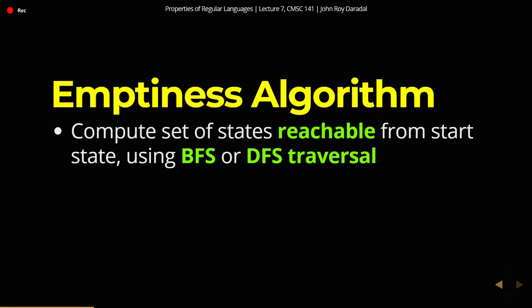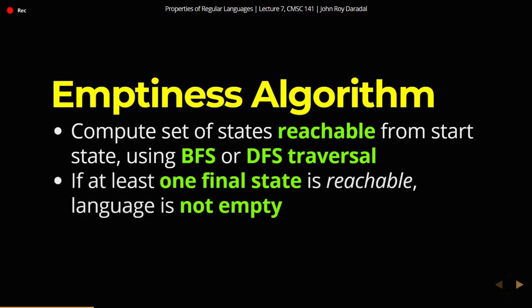By traversing using breadth first search or depth first search, we can reach certain states from the start state, and for those that are reachable, we'll take a look at those states, and if one of them is a final state, then the language is not empty, because that means that we could accept at least one string, because a final state is reachable. Okay, so find out the reachable states. If one of them is a final or accepting state, then it's not empty.